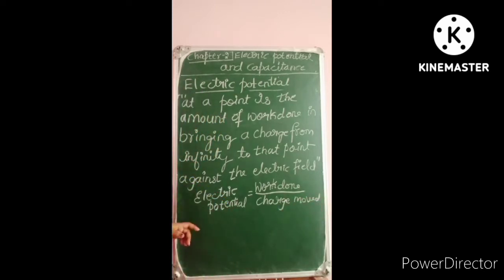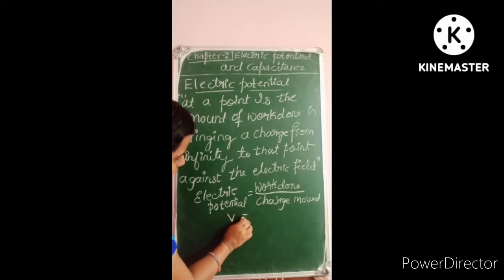This ratio is taken as the electric potential. So electric potential is represented by the letter V, that is equal to work done, represented by W, divided by Q. Q is the charge.